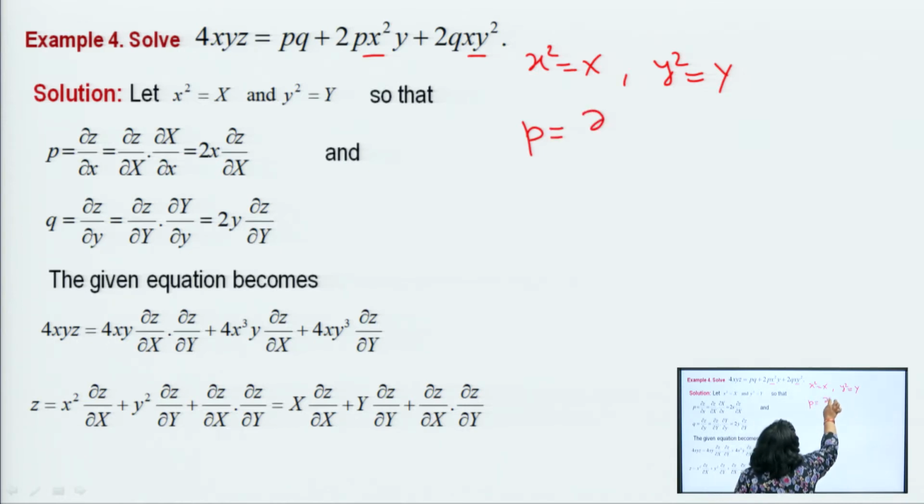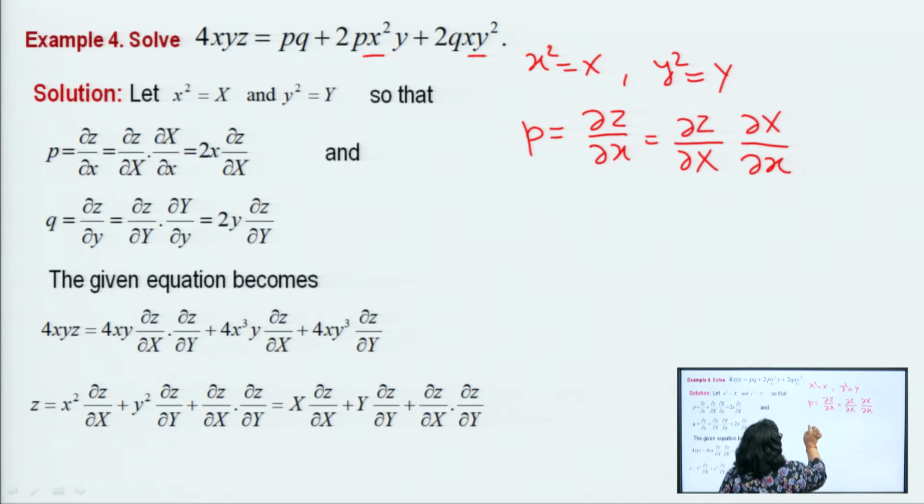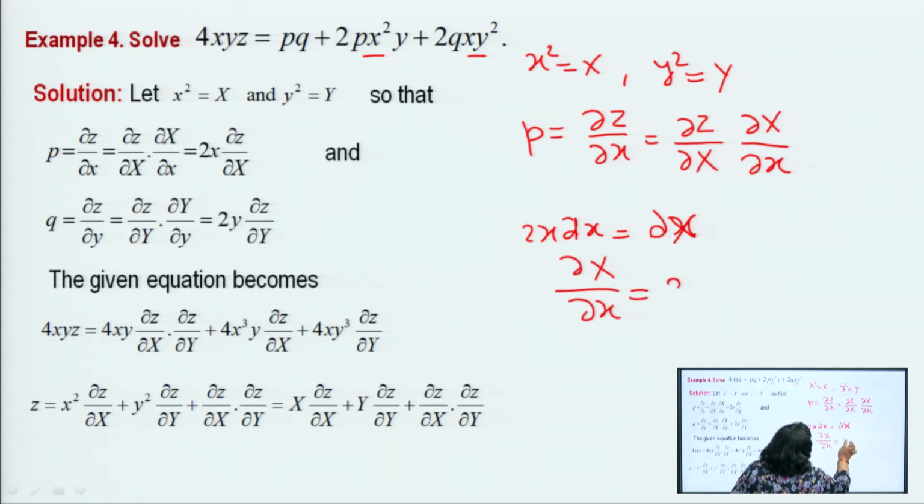For this we know that p is del z upon del x, and we can write it as del z upon del capital X multiplied by del capital X upon del x, and x square is differentiated as 2x dx. So del capital X upon del x is equal to 2x.